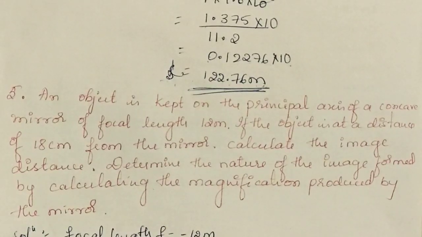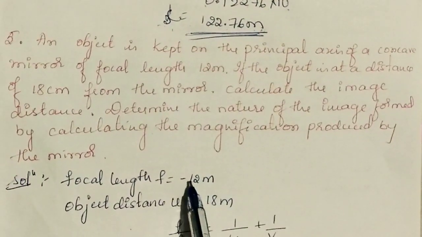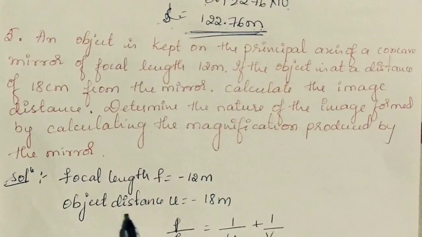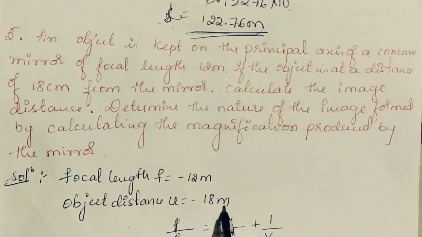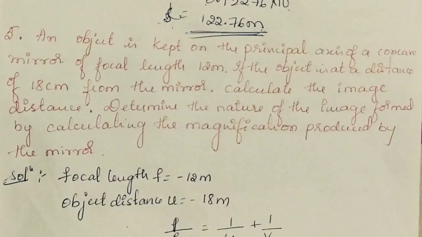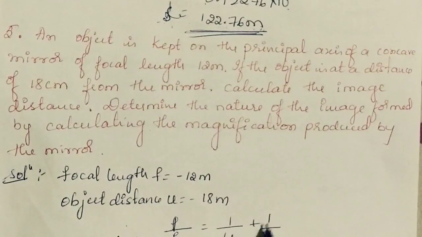In the given question, the focal length f is equal to minus 12 centimeter and object distance u is equal to minus 18 centimeter. We know the formula 1 over f is equal to 1 by u plus 1 by v.